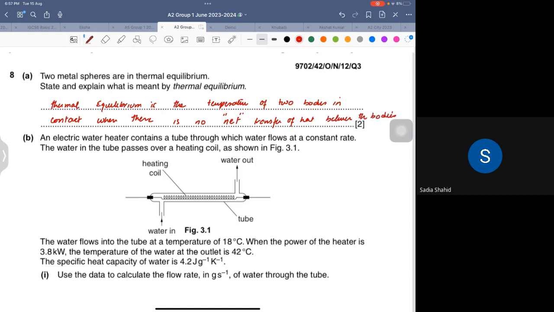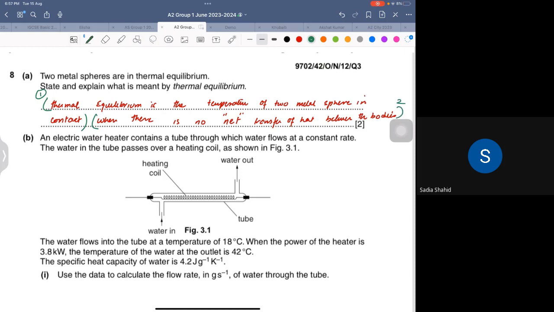Now they have written metal spheres, so I'm sorry, I wrote metal spheres, so I'm going to write temperature of two metal, I did not see that, spheres in contact, right?